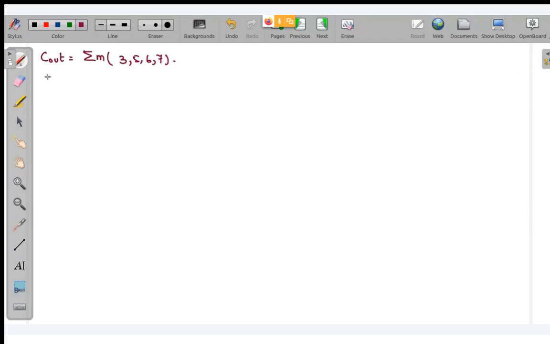So I can write C out in terms of A, B and C in. 3 will be written as A complement B C in. 5 will be written as A B complement C in, like this. 6 will be A B C in complement, and 7 will be A B C in. Okay, I can write it like this.